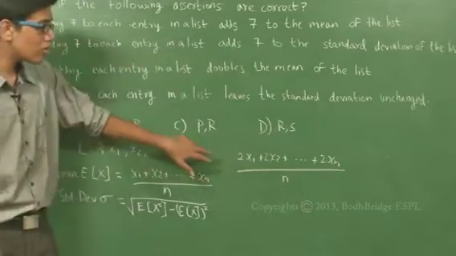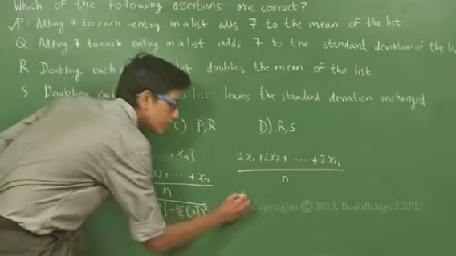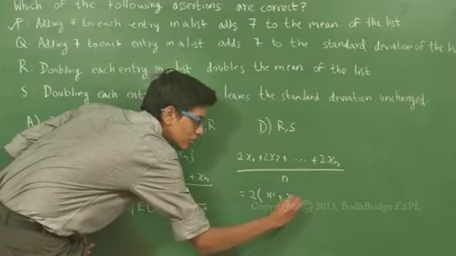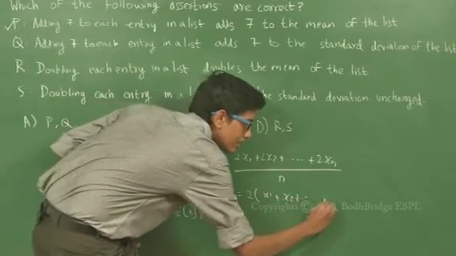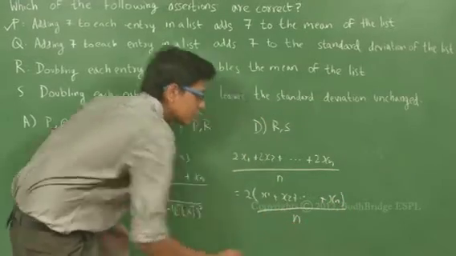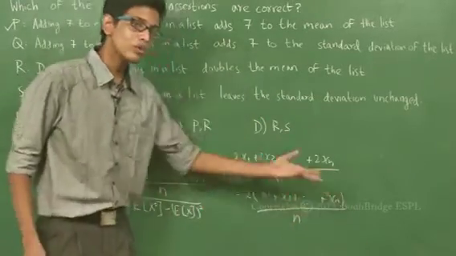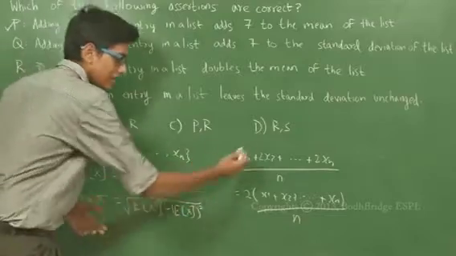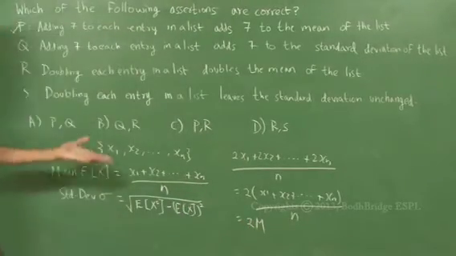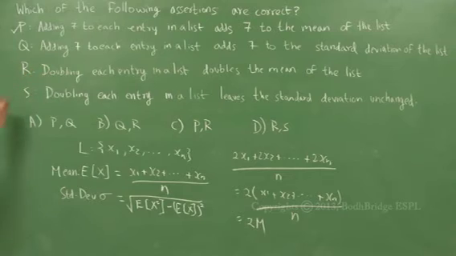Now if we take 2 common outside, it will become 2 times x1 plus x2 summation till xn divided by n. We see that this term is the original mean. So the new mean is 2 times the old mean. So assertion R is the right answer.